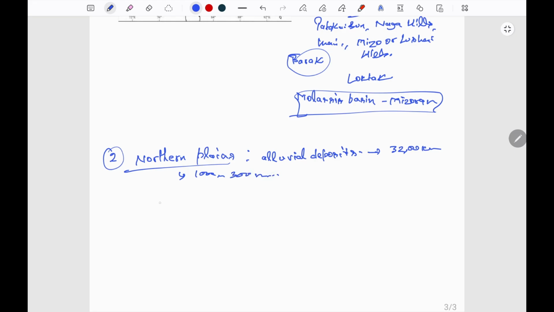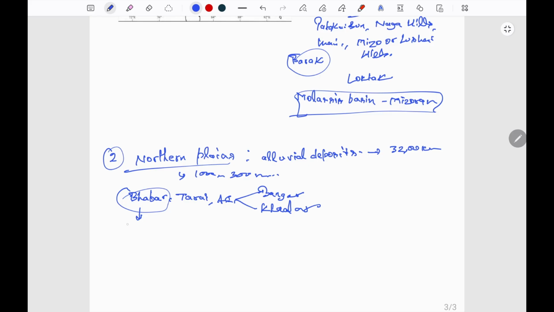Now from north to south, these plains are divided into regions like Bhabar, Tarai, and alluvial plains, which are further divided into Bhangar and Khadar. So Bhabar is the narrow belt that is running parallel to the foothills of Shivaliks.